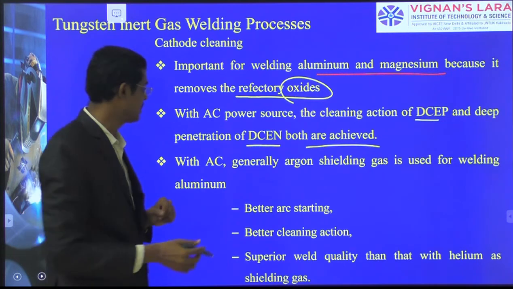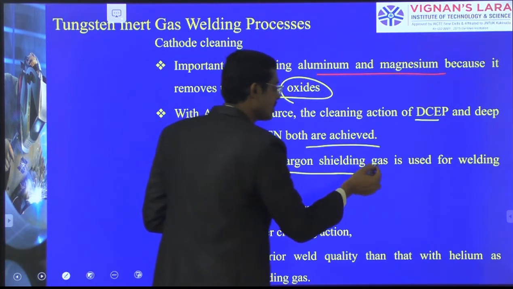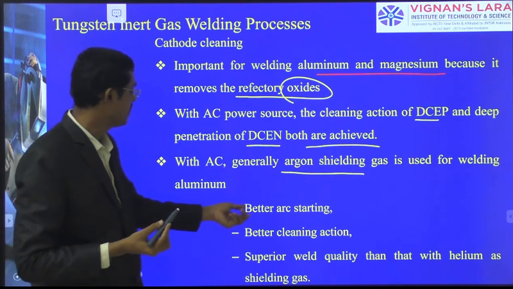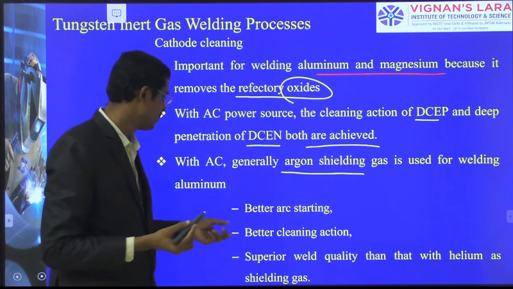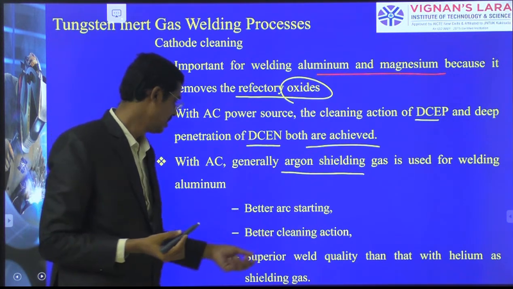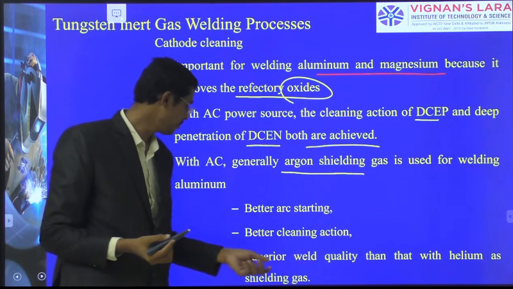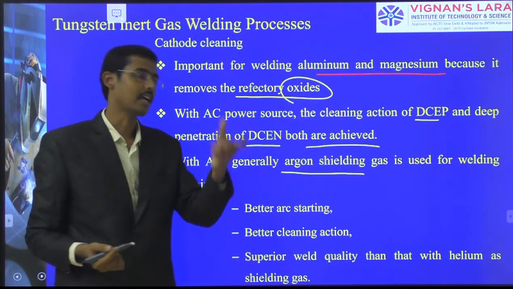With alternating current, generally argon shielding gas is used for welding. So what can we achieve here? Better arc stability, better cleaning action, and superior weld quality than with helium shielding gases.